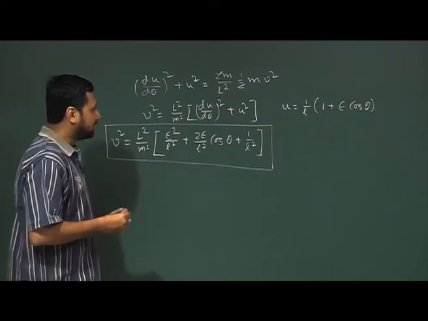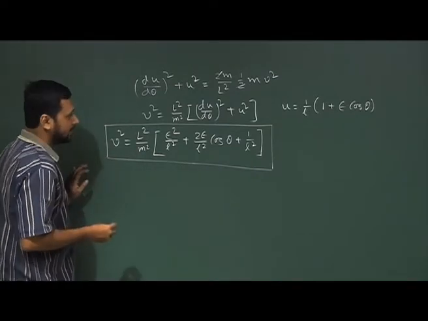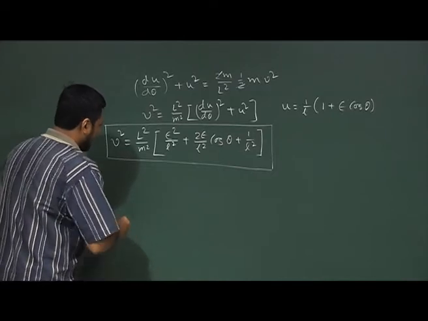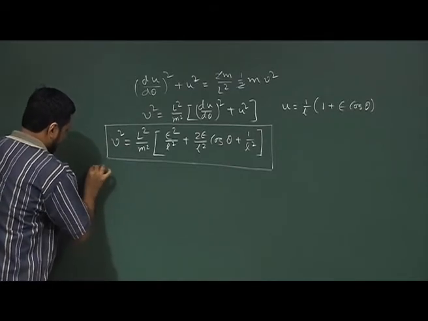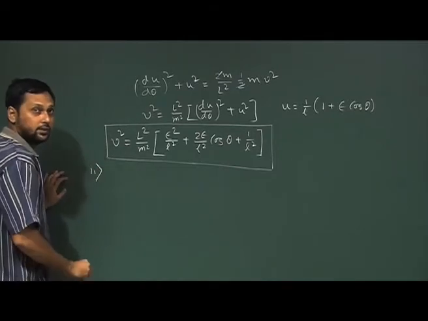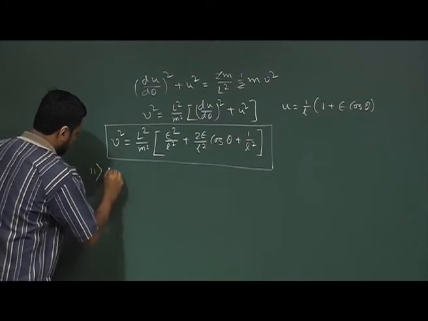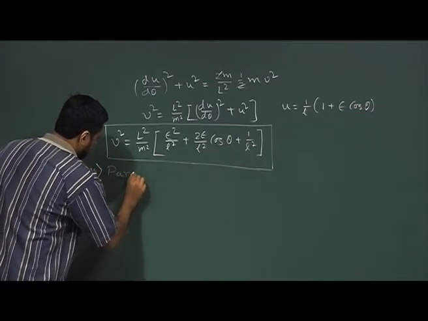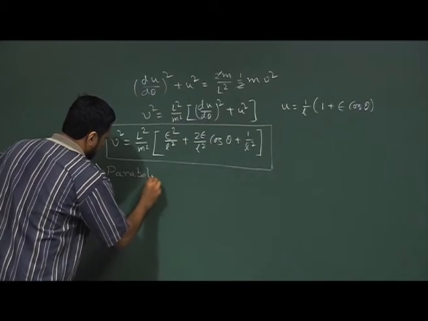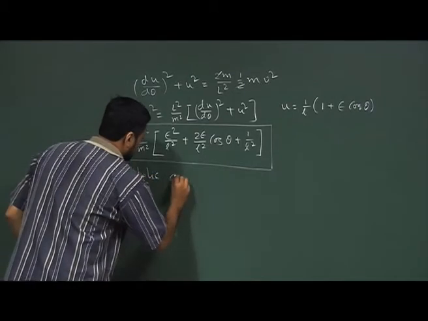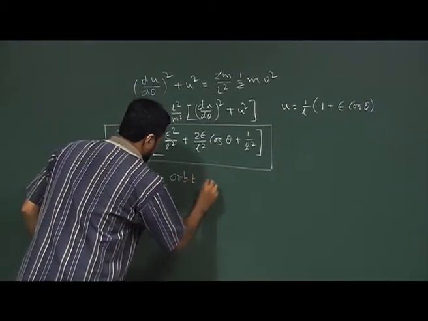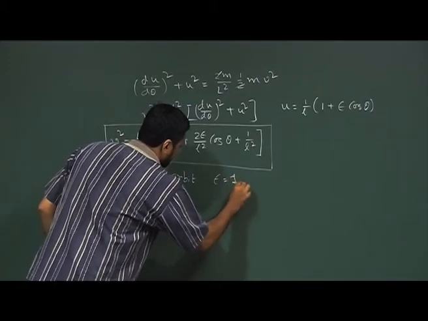So, we will start with the second one because this is slightly more trivial. So, what happens in a parabolic orbit? We have epsilon equal to 1.